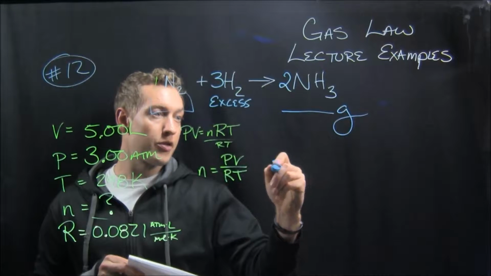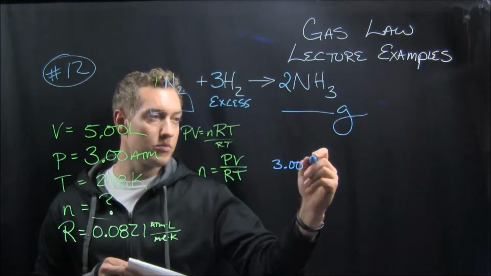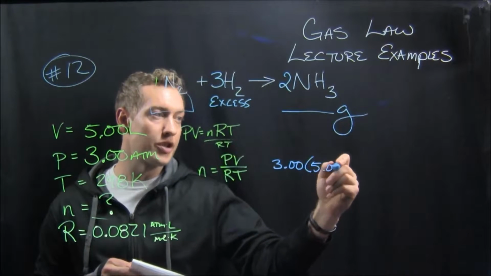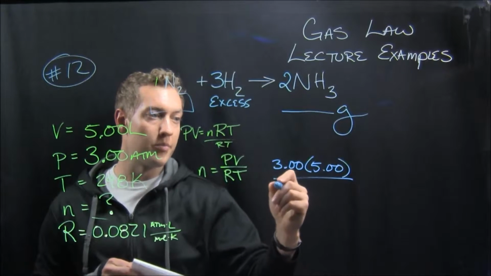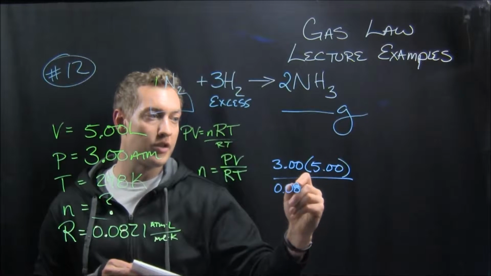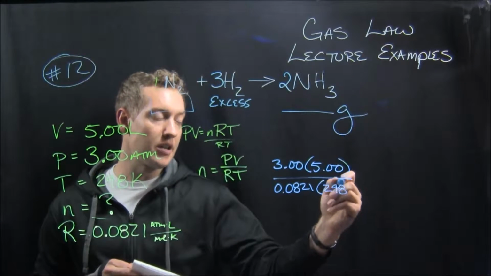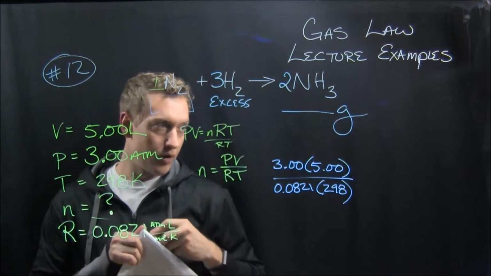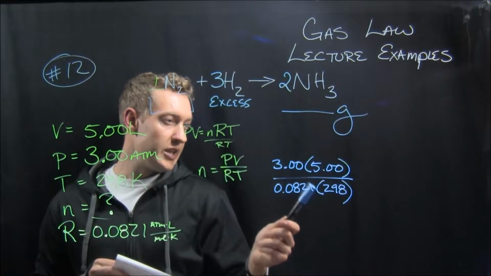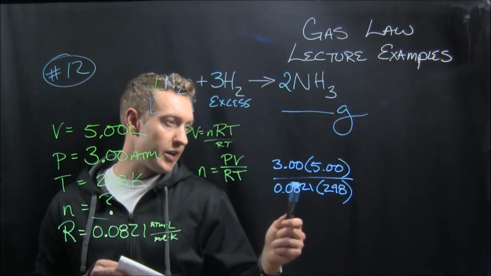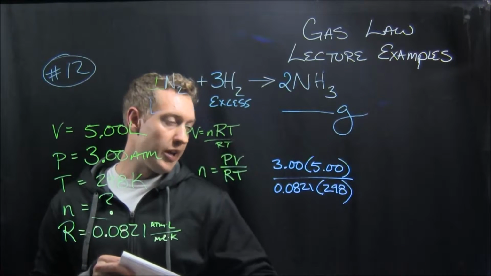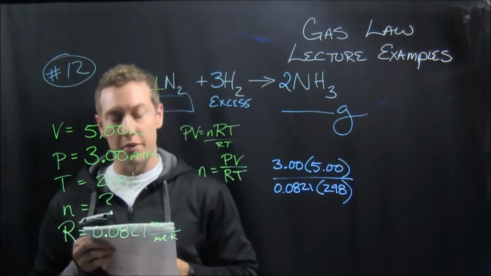So it's going to be 3.00 times 5.00 divided by 0.0821 times 298. So 15 divided by about 1/10 of 300, so 30. So it should be about half a mole.